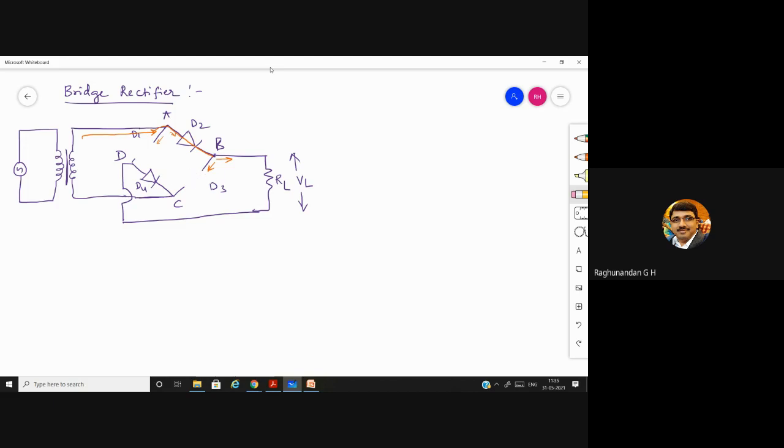So the current cannot flow here. So the only path allowed is this one. So it has to go to the load, and it will come back and come here. Since already it is open circuited, the current cannot flow. So it has to go to this diode, and it will come back to the other end. So this is how one half cycle is completed.